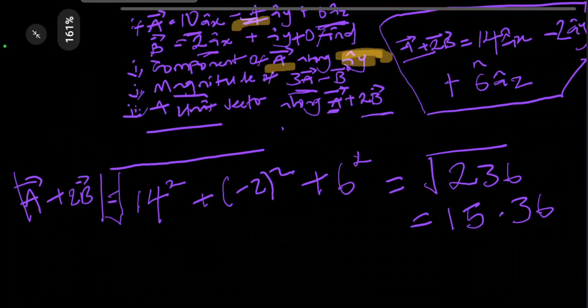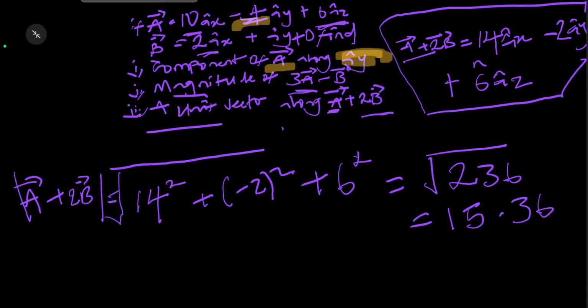So now to get our final answer, which is the unit vector, the formula of the unit vector is the vector divided by its magnitude. So the unit vector is the vector divided by its magnitude.